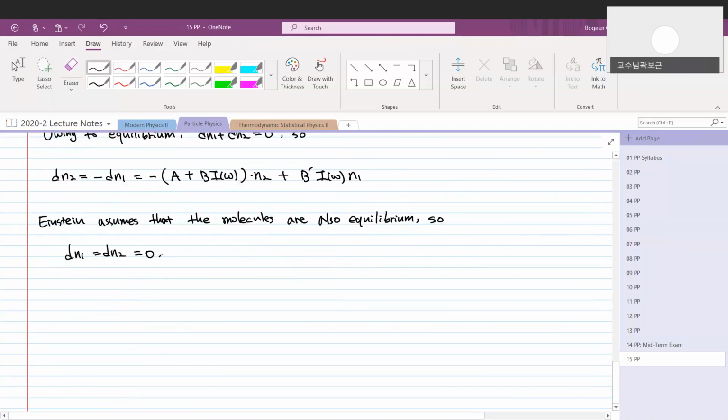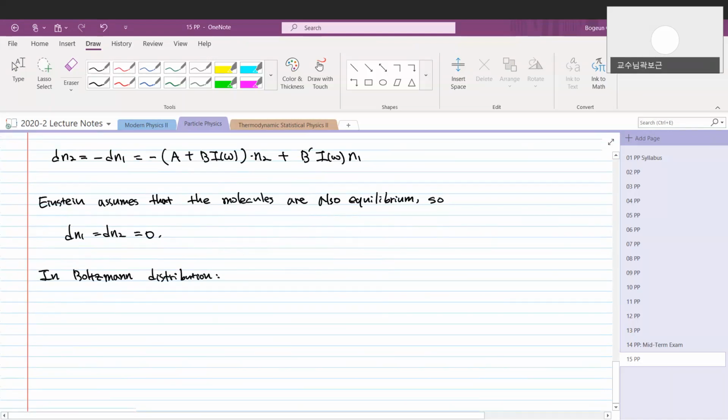Then we impose the Boltzmann distribution for the number of particles. So we consider the Boltzmann distribution.